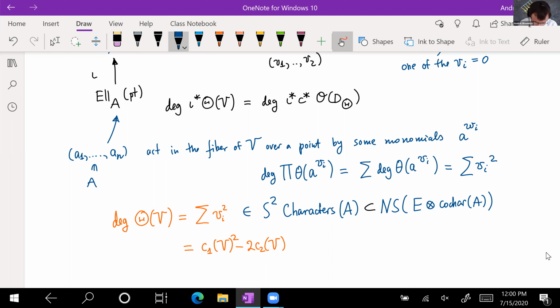And then I have to arrange things so that the degrees work out. So anyway, that's the plan. That's how we're going to proceed.